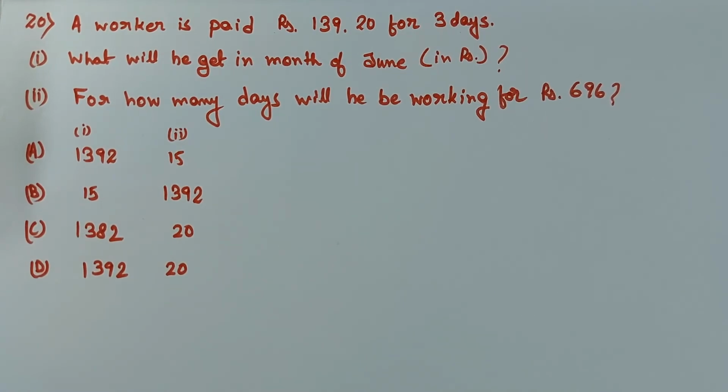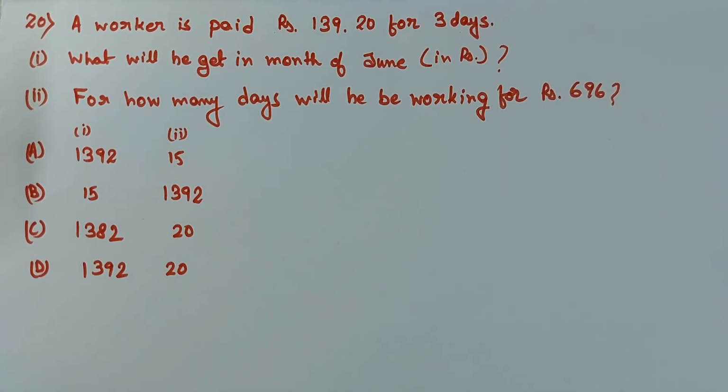Next question. A worker is paid rupees 139.20 for 3 days. Okay, this is the statement. Now they ask the question, what will he get in the month of June? For how many days will he be working for rupees 696?